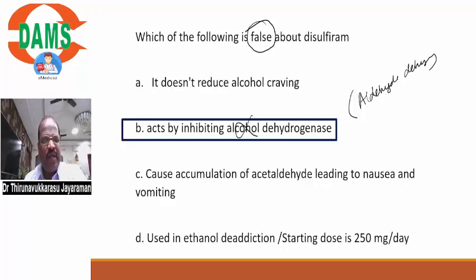Yes, right statement. Used in ethanol de-addiction? Yes, it's the drug of choice for de-addiction. Starting dose 10 mg? I don't know whether this option was given. Anyway, both are right. The false statement is option B. Acting by inhibiting aldehyde is a wrong statement. It acts by inhibiting aldehyde dehydrogenase.